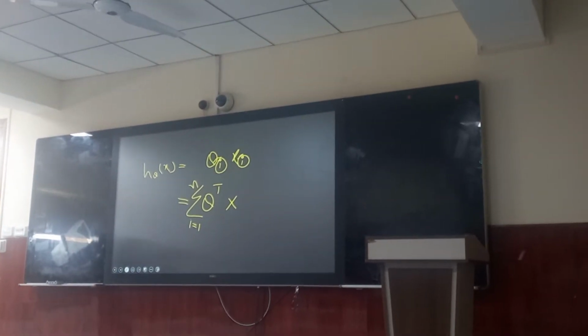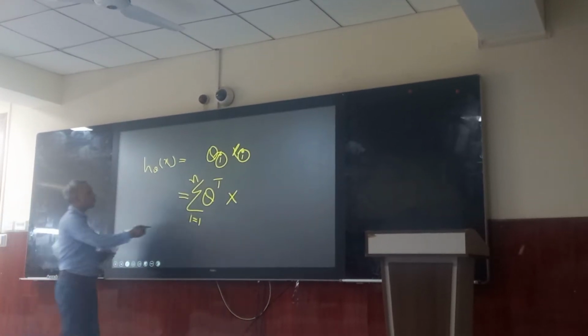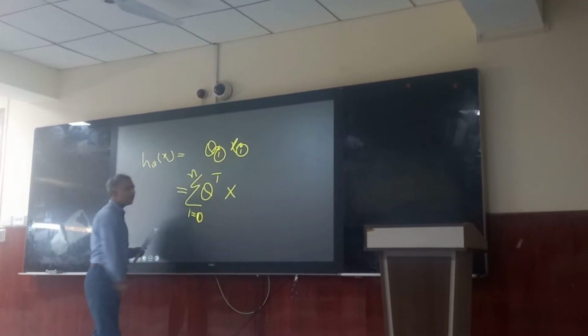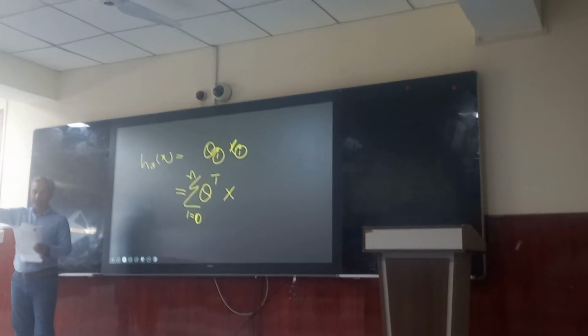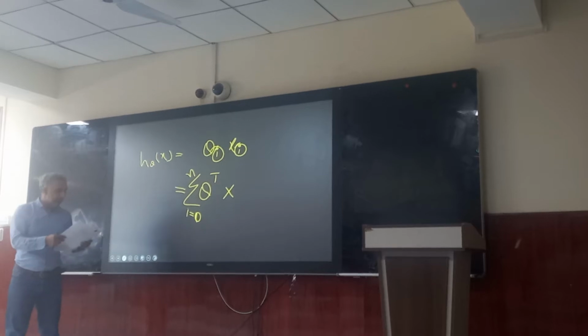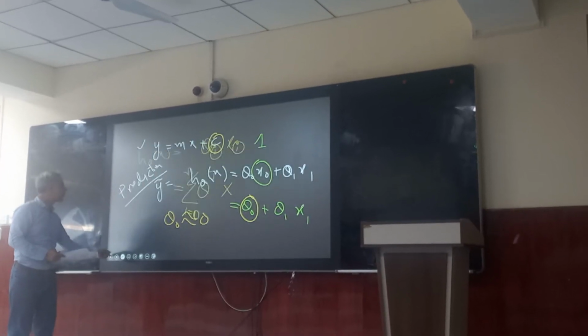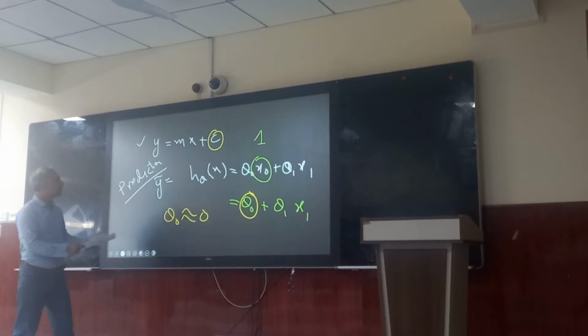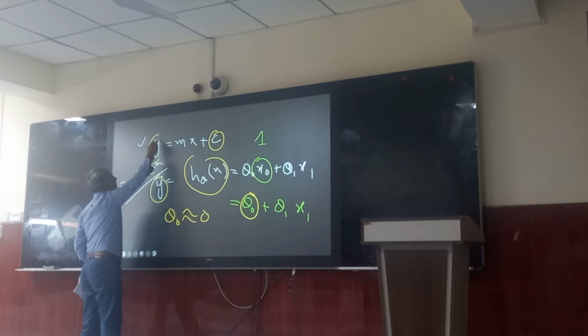Sometimes you can start from 0, in the range, in the programming language. I told you this one is the predicted one, and this one is the benchmark.